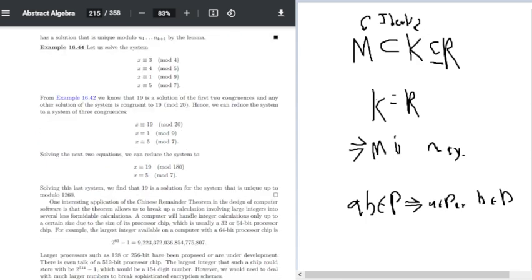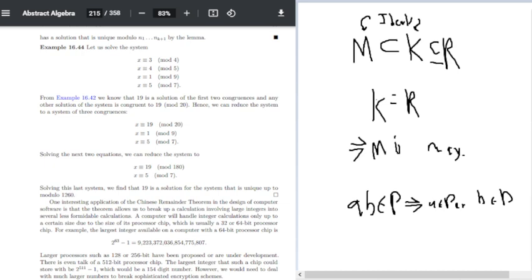Example 16.44. Let us solve the system x is congruent to 3 mod 4, x is congruent to 4 mod 5, x is congruent to 1 mod 9, and x is congruent to 5 mod 7. From Example 16.42, we know that 19 is the solution of the first two congruences, and any other solution of the system is congruent to 19 mod 20.